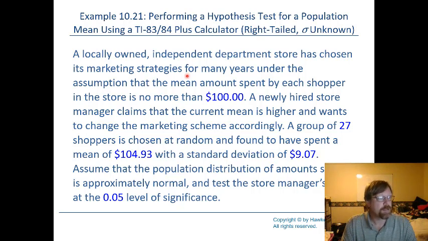So they talked to 27 shoppers at random and found that they spent a mean of 104.93 with a standard deviation of 9.07. So we don't know the standard deviation of the population, just the sample. They're assuming that the population distribution for amount spent is approximately normal, and they'd like to test the manager's claim at the 5% level of significance.